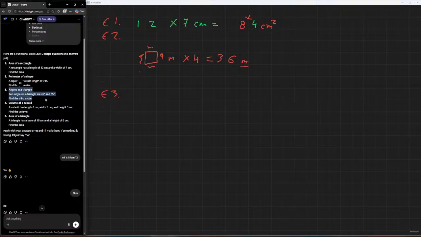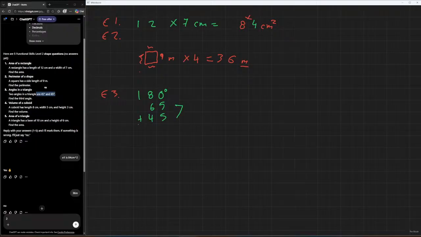Two angles in a triangle are 65 and 45. Find the third angle. So the triangle has 180 degrees. 180 degrees minus 65 and 45. One way to do this is to add these together.